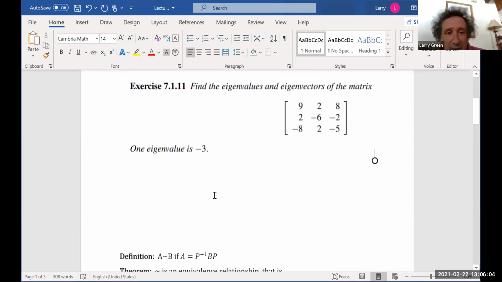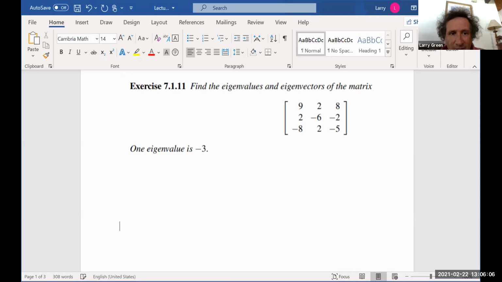Okay, so here's 7.1.11. And it says, find the eigenvalues and eigenvectors of the matrix. One eigenvalue is -3.